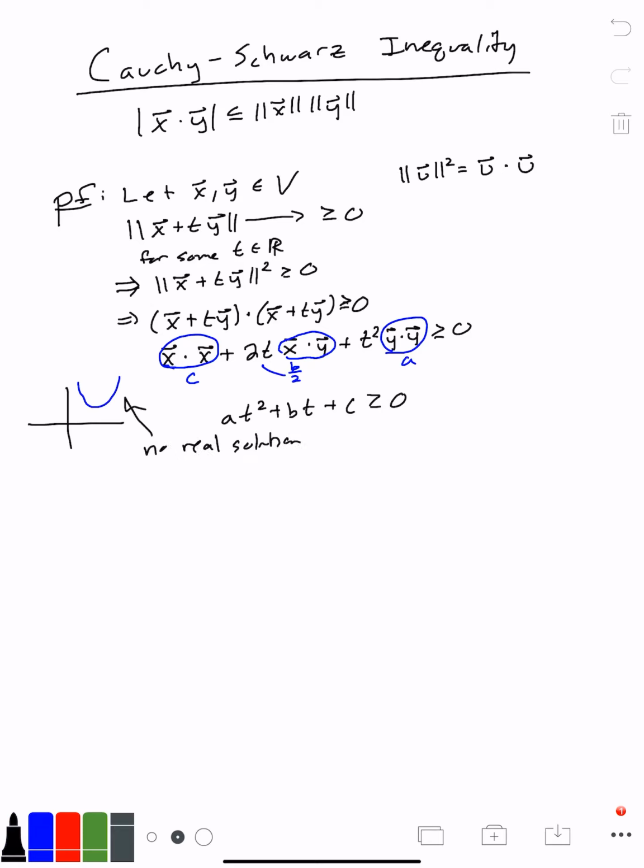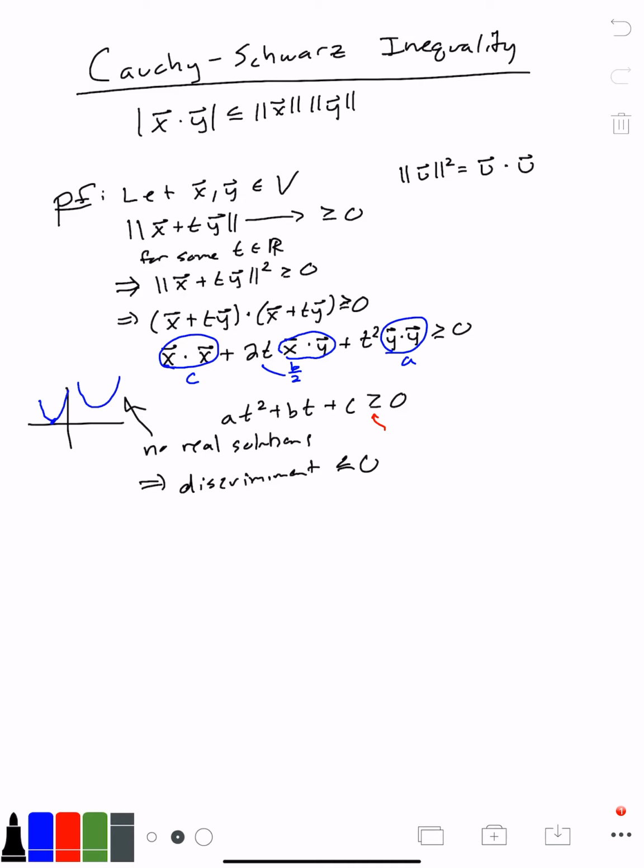And if there are no real solutions, that means the discriminant is less than or equal to 0. Right? If the discriminant was positive, you'd have two real roots here. Now technically the discriminant can be equal to 0 because we can have a parabola that just barely touches it, because again this could be equal to 0 here, but certainly you can't have two real roots.